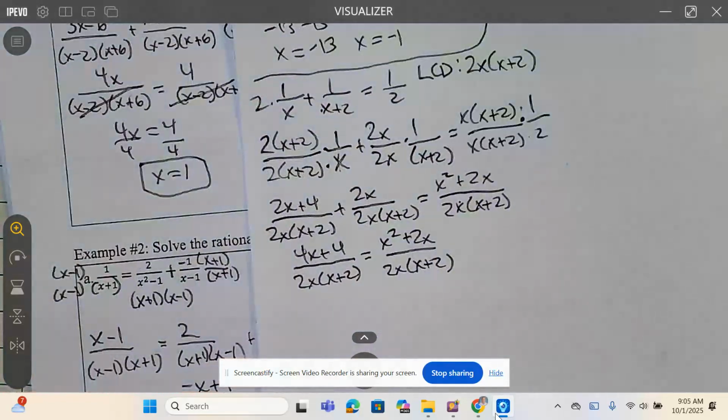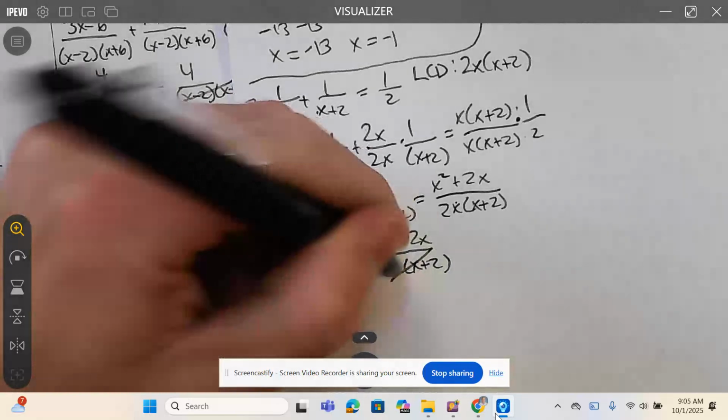Oh my gosh, I'm not, what's going to happen here? That's not factorable. That cancels with that.